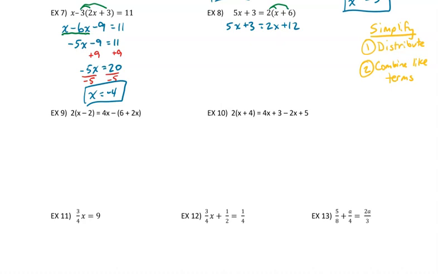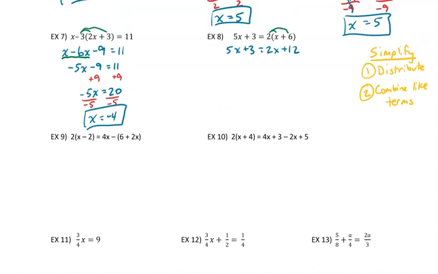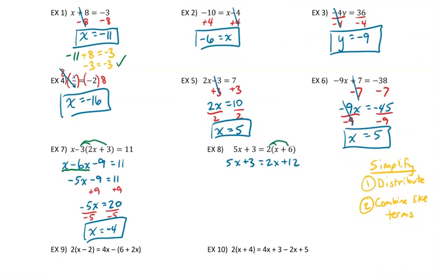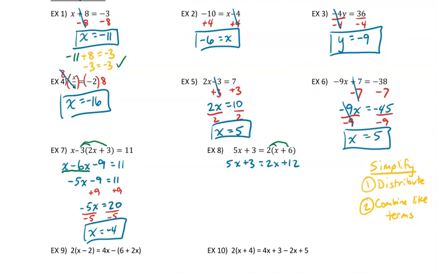All right, so our next step is going to be get x on one side. It does not matter which x you move. So as we learned back on example 2, remember how we had negative 6 equals x, and that was perfectly fine? It means the same exact thing as x equals negative 6.